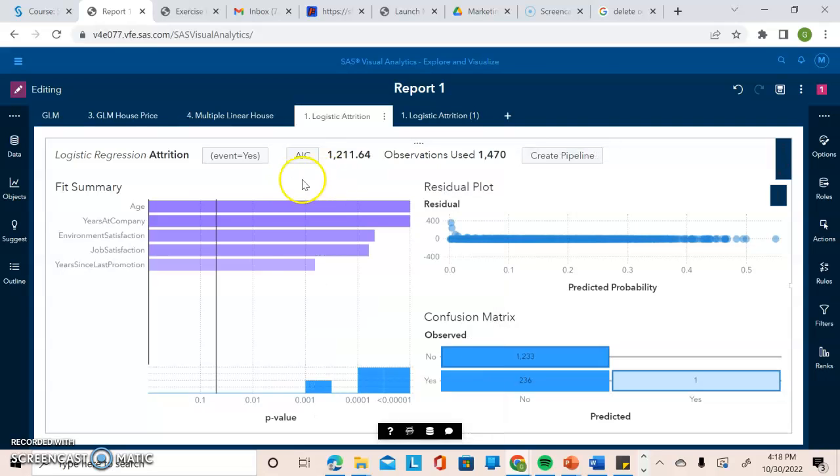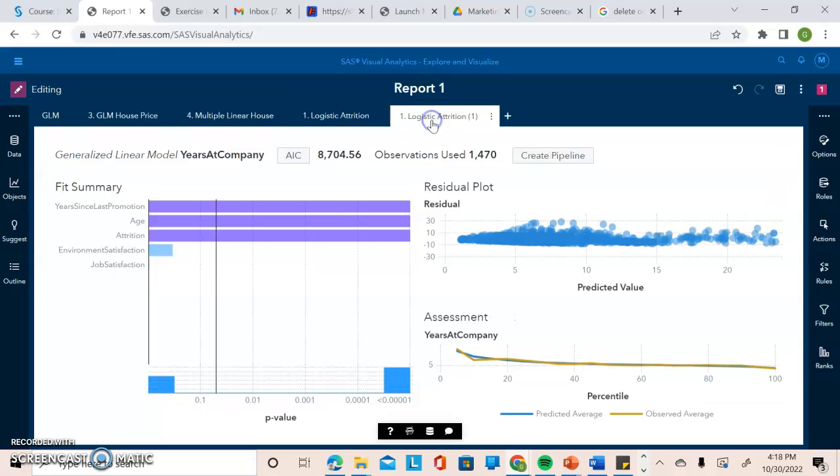Here the AIC for logistic regression is 1,211. And for the generalized linear model, it is 8,704. So these are not giving the same results when converted over from a logistic regression to the generalized linear model, which may just be because this is more generalized.